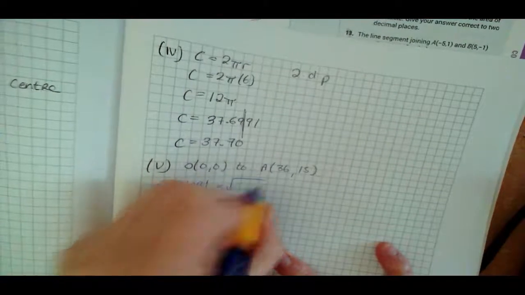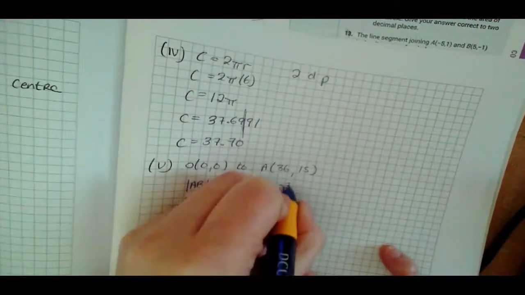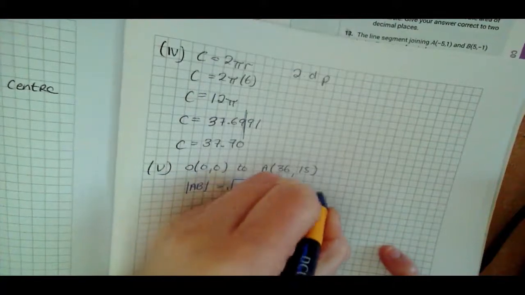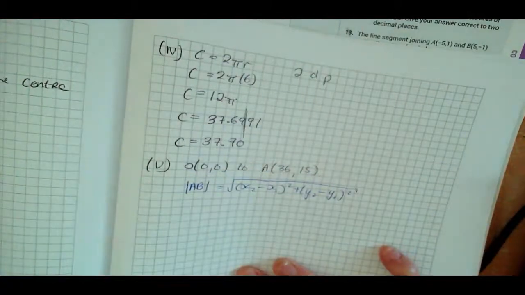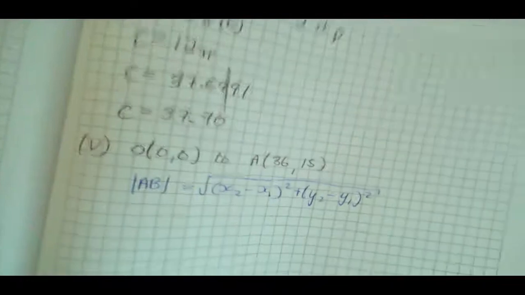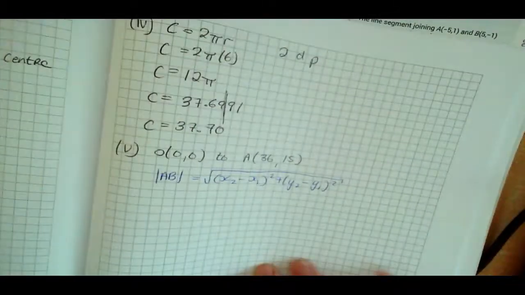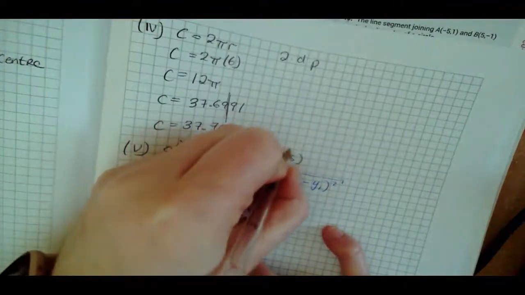So it's the distance, so the length of AB is equal to the square root of x2 minus x1 all squared plus y2 minus y1 all squared. So if we label our 2 points then, x1, y1, x2, y2.